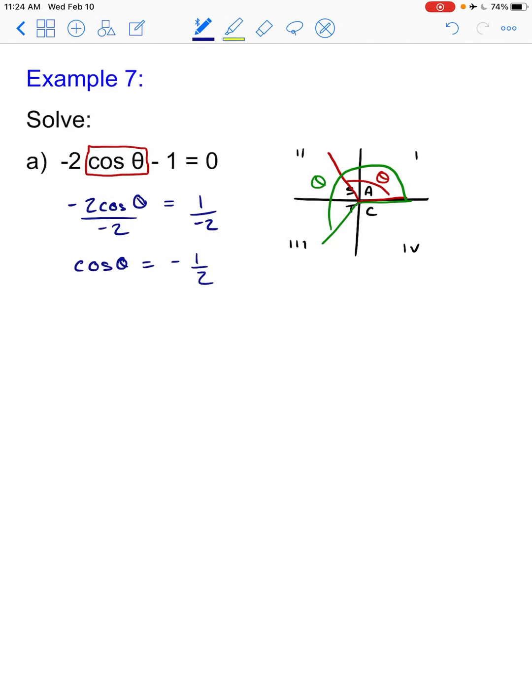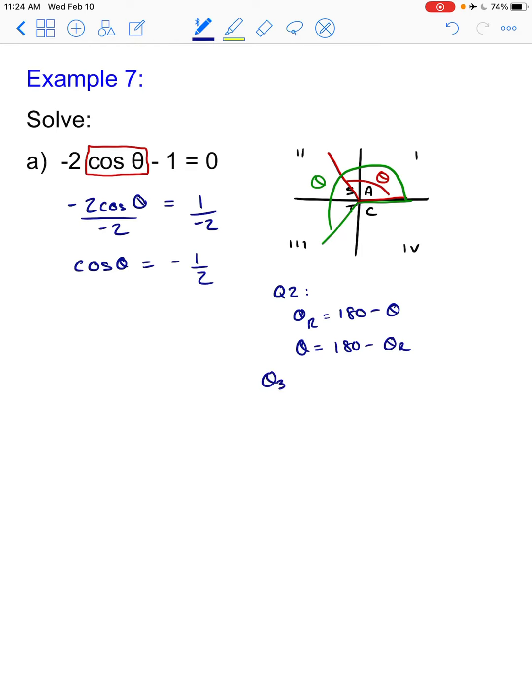Okay, now how do we find those angles? Well, we know that for each quadrant there is a little reminder of how to find a reference angle for an angle in that quadrant. So for quadrant 2, we know it's 180 degrees minus an angle theta that will give us our reference angle. So if we rearrange this equation, we can say that an angle would be equal to 180 degrees minus the reference angle.